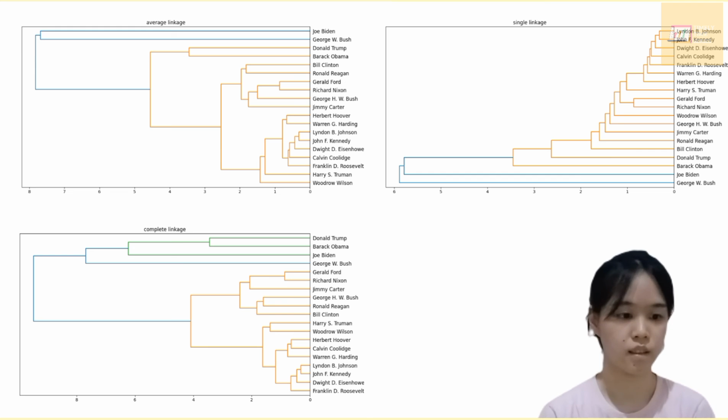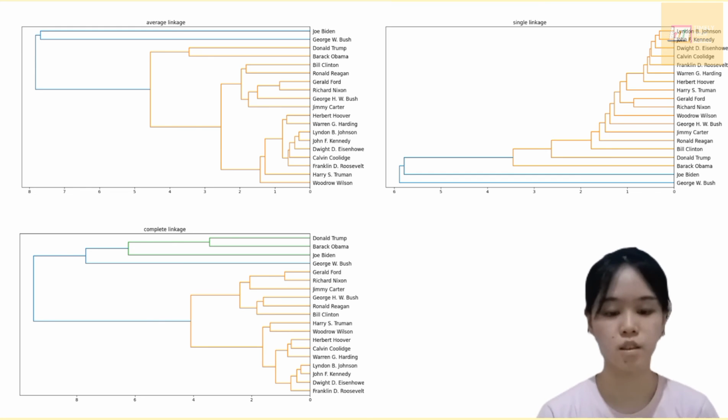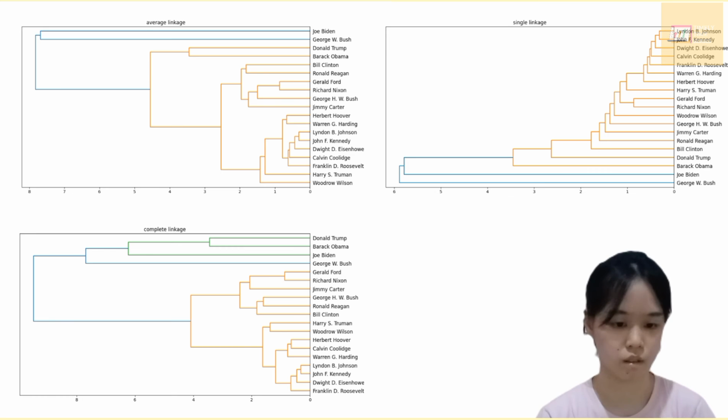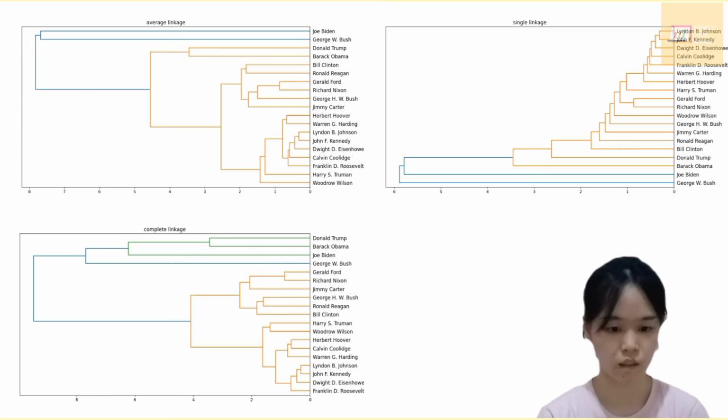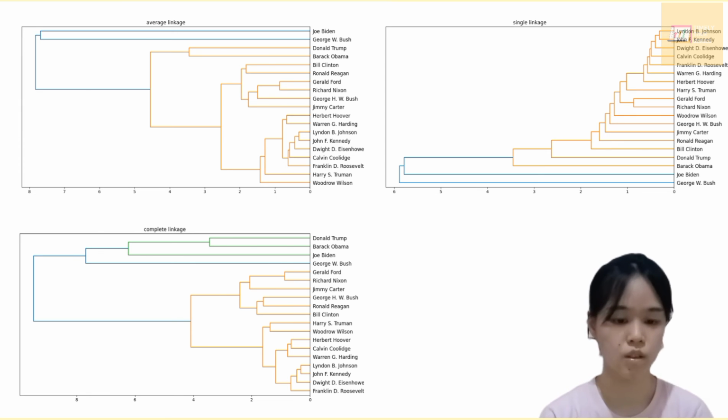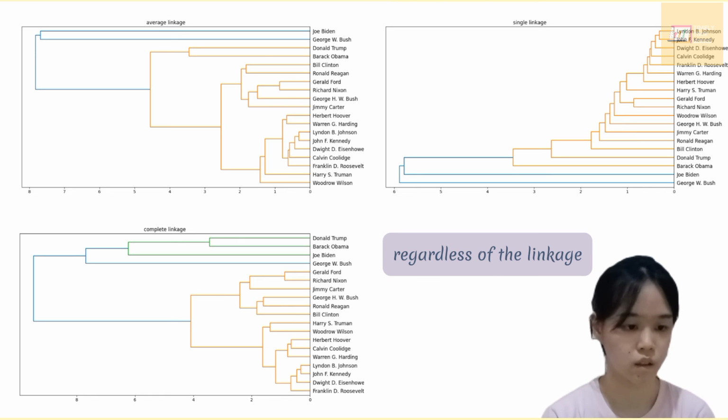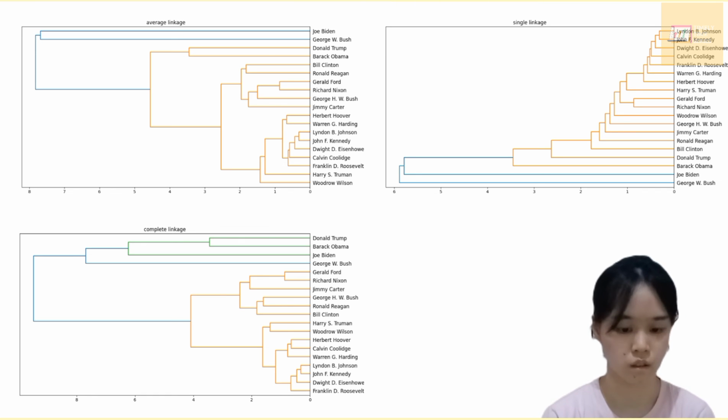Now, looking at these 3 dendrograms, we can see that the distance between the CPI of John F. Kennedy and of Lyndon B. Johnson is the closest. It's the smallest, because they always formed first. So these clusters always fuse first into a single cluster, whether it's in average or complete or single linkage.